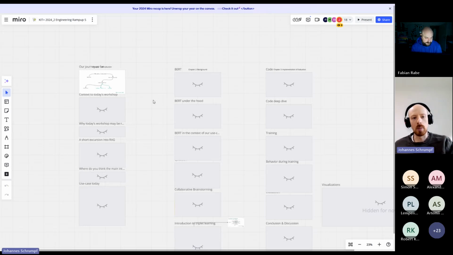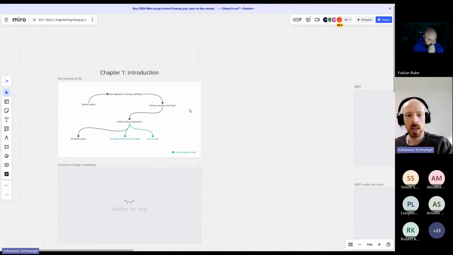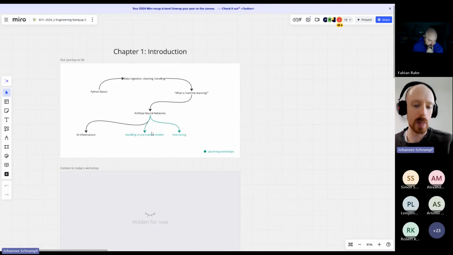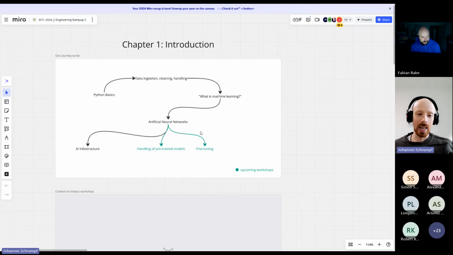Just to give you a little bit more context, here on the top left we start with chapter 1, introduction, and give you a short overview of where we stand, so to speak. Over the last couple of weeks and months, we have engaged with the technical part of AI, what AI means in the 21st century on a technical level, by first looking at Python, then data ingestion, data cleaning.